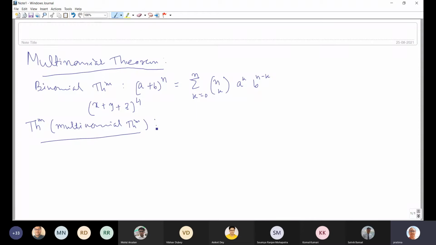So the multinomial theorem is like this. Let n be a positive integer.